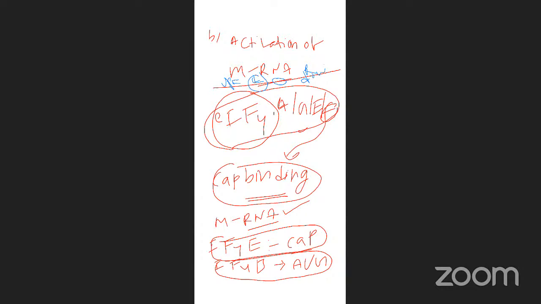consensus sequence. Consensus sequence means an almost repeated sequence, like the TATA box, the repeated sequence.